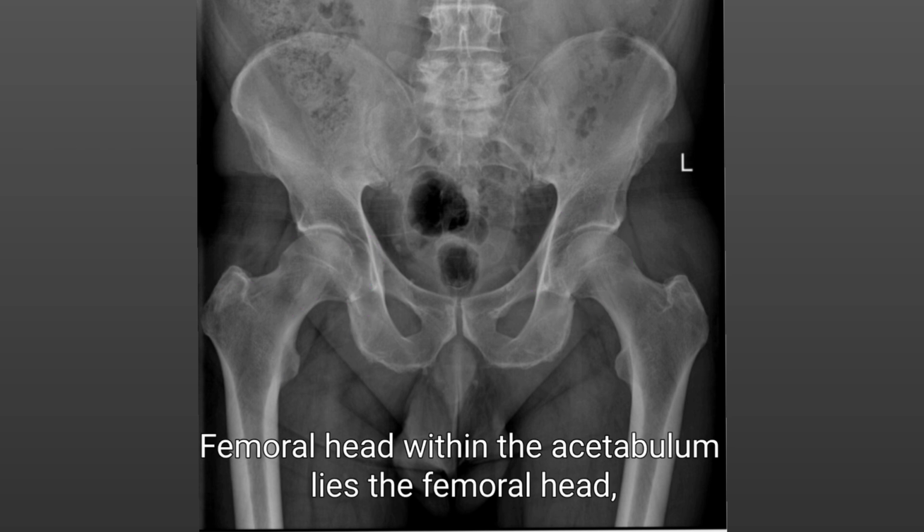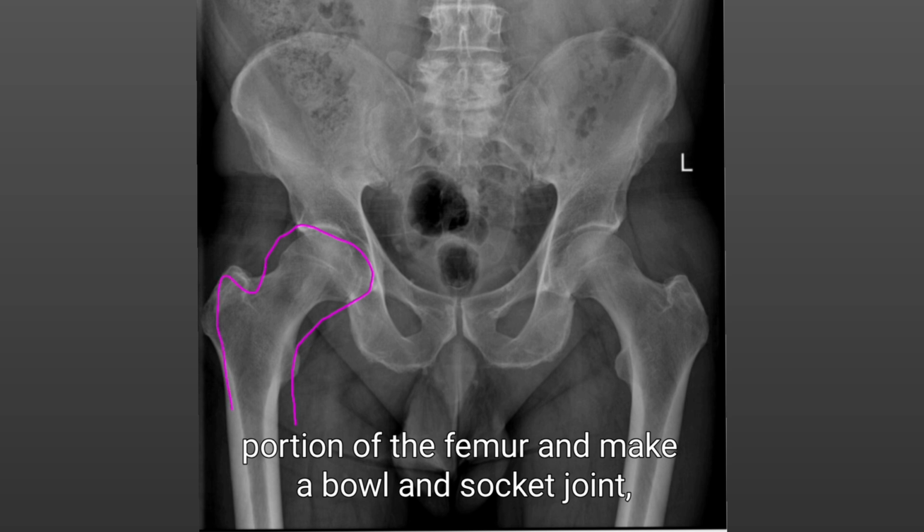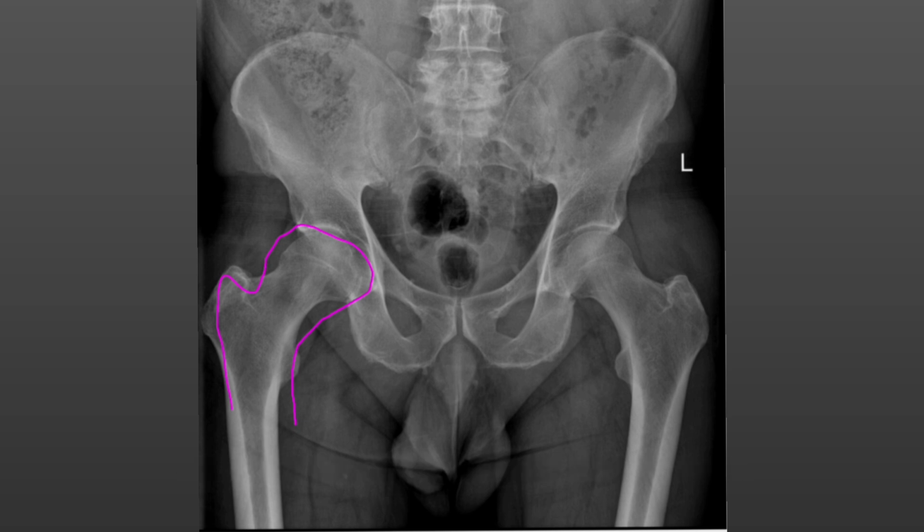Within the acetabulum lies the femoral head, which is the spherical proximal portion of the femur, and it makes a ball and socket joint that allows multi-directional movements.